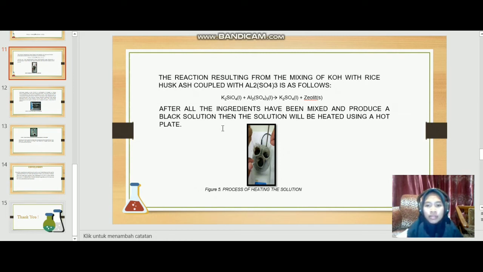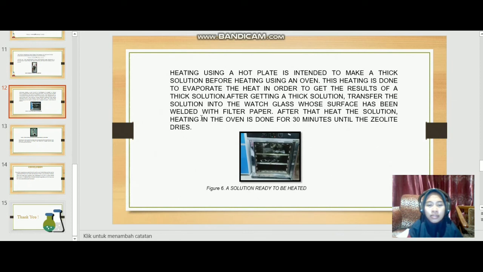Okay, after all the ingredients have been mixed and produce a black solution, the solution will be heated using a hot plate. This is the picture of the process of heating the solution. Okay, next, heating using a hot plate is intended to make a thick solution before heating in the oven.